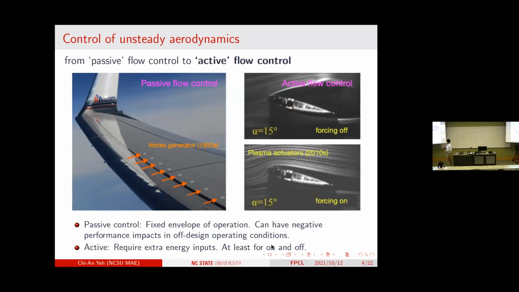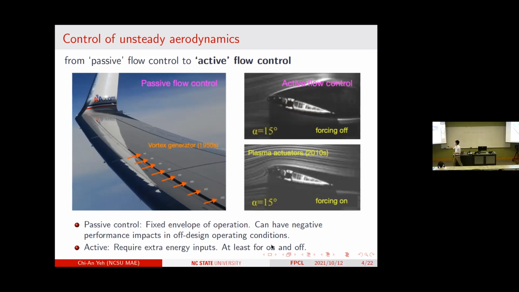I think this is probably a 777 wing. But what do these vortex generators do? When you have a uniform stream or flow over the wing, these things generate streamwise vorticity. And that will help to suppress this flow separation. I'm going to show you a movie later.